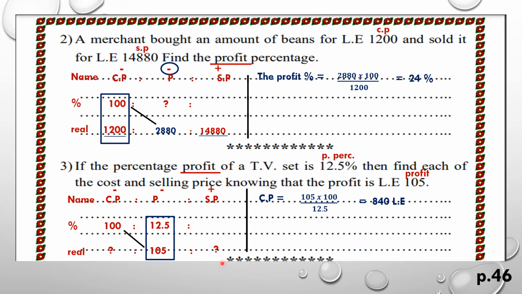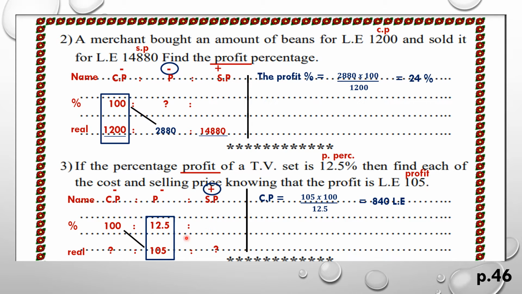We need to find the real selling price. How can we find it? We need to fill this space. How can we complete this row? We are going to complete this row using the signs which we have up. What do we have on this empty space? We have plus.